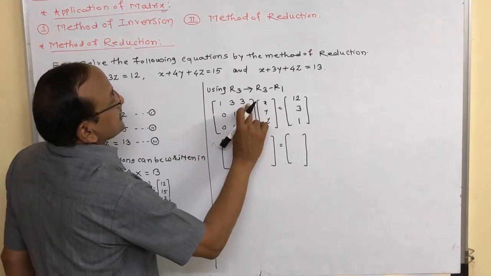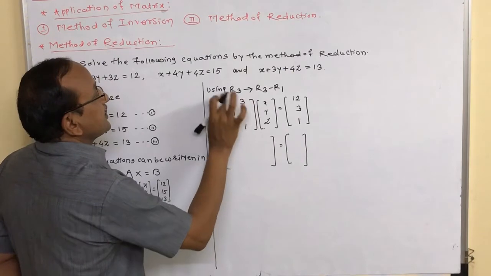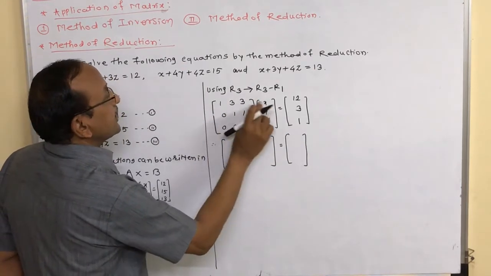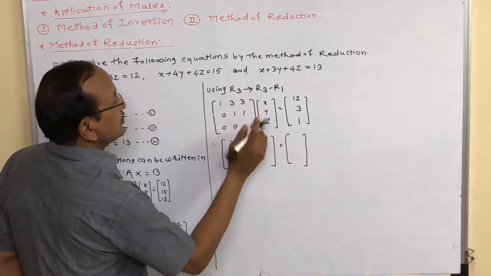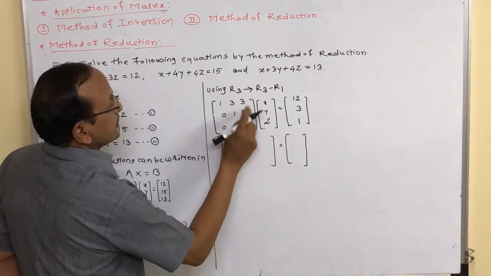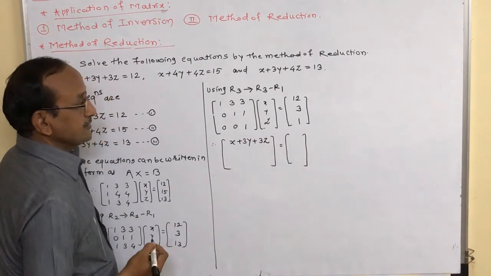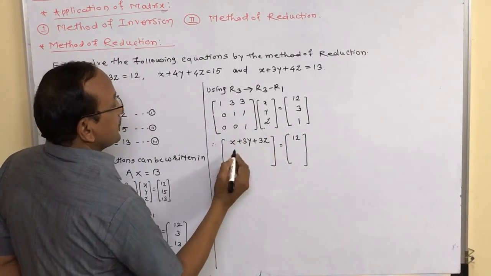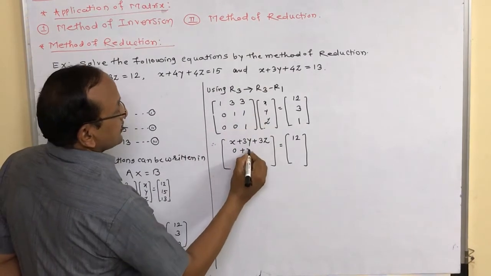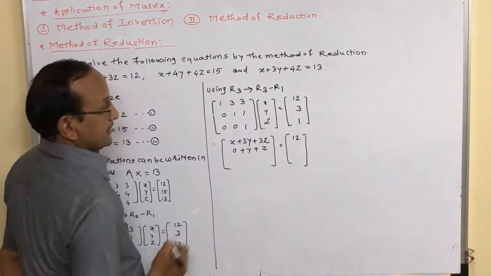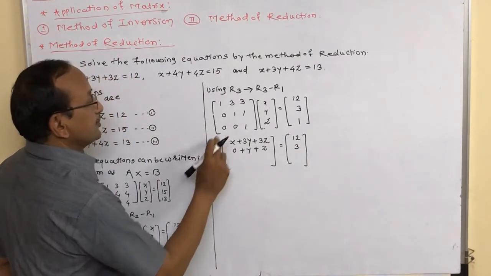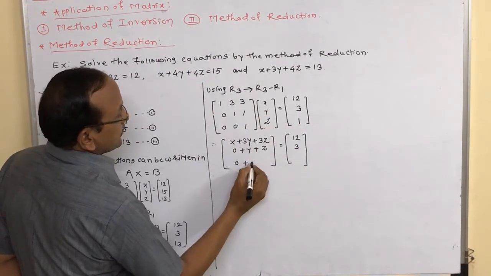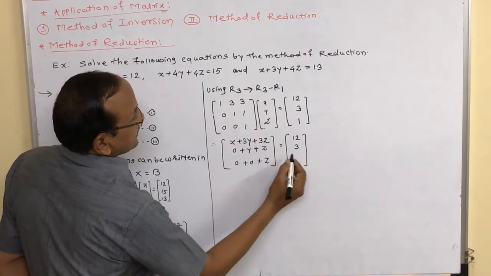First row: 1 into x is x, plus 3 into y is 3y, plus 3 into z is 3z, which equals 12. Second row: 0 into x is 0, plus 1 into y is y, plus 1 into z is z, which equals 3. Third row: 0 into x is 0, plus 0 into y is 0, plus 1 into z is z, which equals 1.